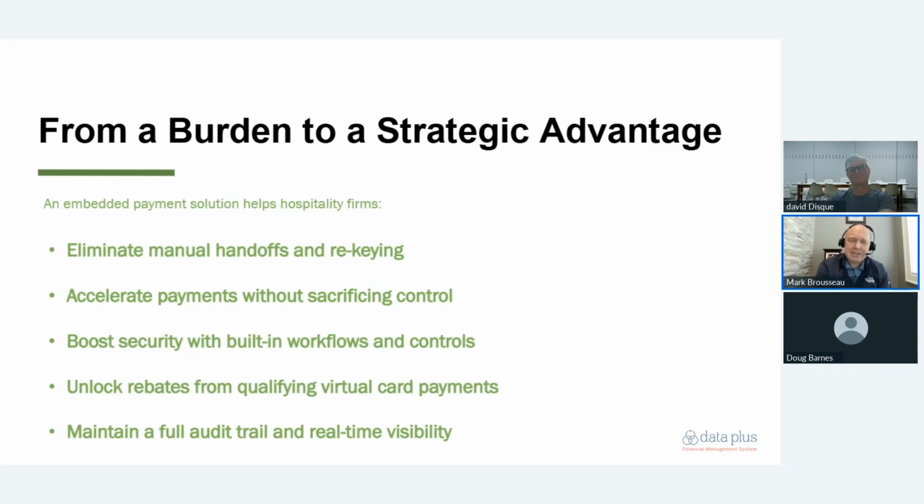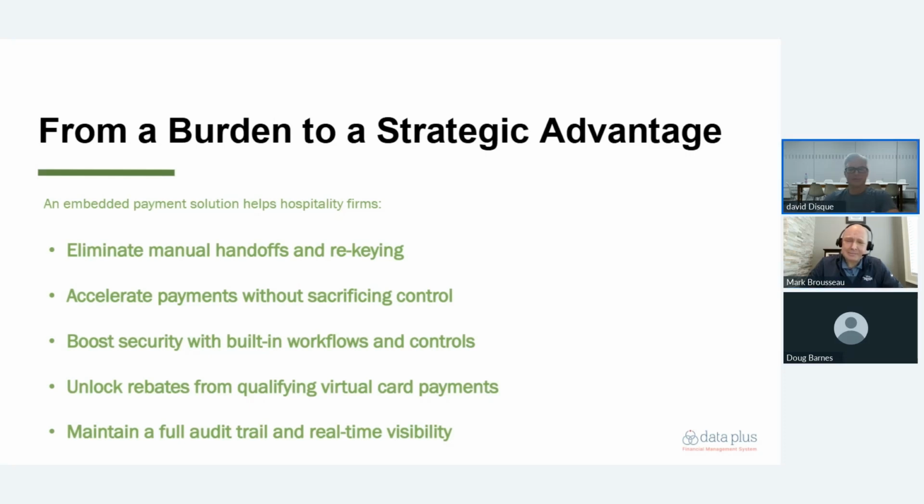And you're able to maintain a full audit trail and real-time visibility into all your payments. You always know where things stand in the process. You always know what's happening with your cash flows and your corporate spending. Dave, what do you believe is the biggest benefit of an embedded payment solution in the hospitality space?